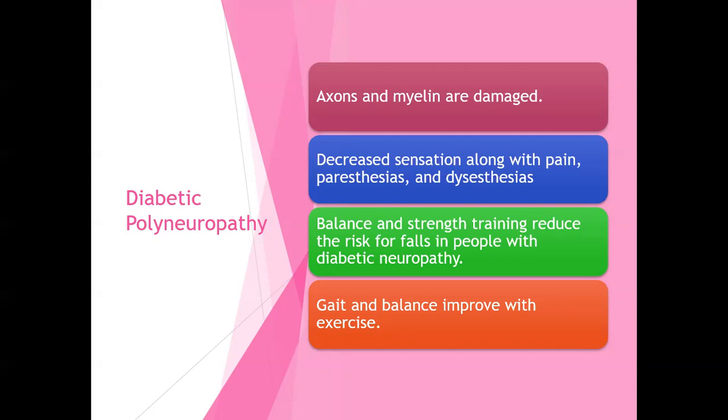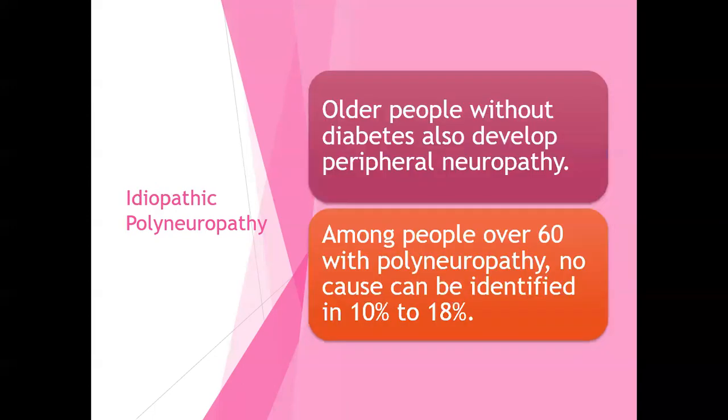We can reduce that a lot by educating our patients about appropriate footwear and proper care of their feet. So gait and balance training, that's our wheelhouse. Also patient education. I love it.